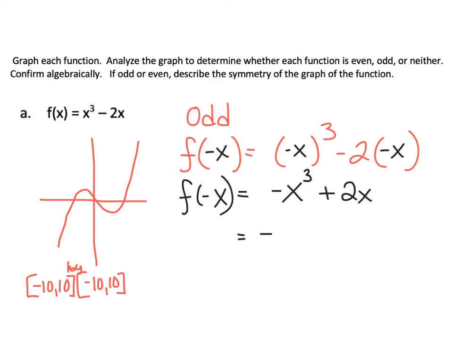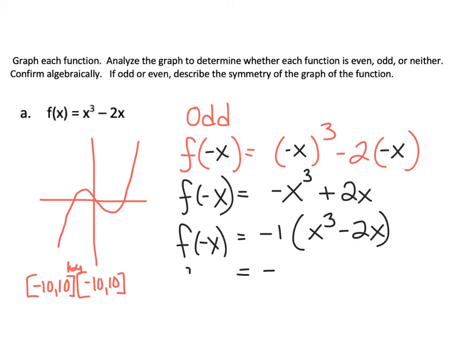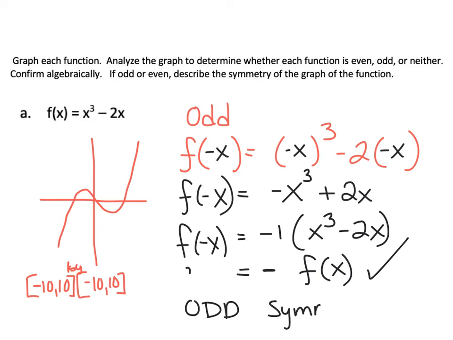One last step is I factor out a -1 here. Think of the greatest common factor, which will switch each sign, and there I've got it. So I have exactly that f of negative x is equal to the opposite of my original f of x. So this confirms that I have odd symmetry. Algebraically proven it.